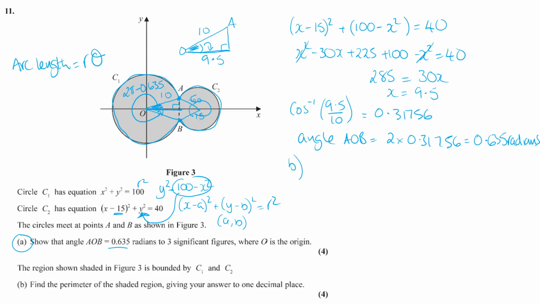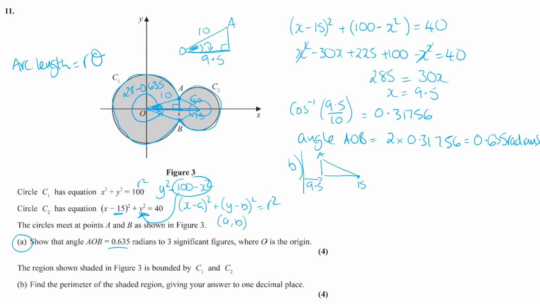So if we look at this triangle here, which is in the smaller circle, that is 15 along the x-axis, and up to here, when we went from the origin, this was 9.5.